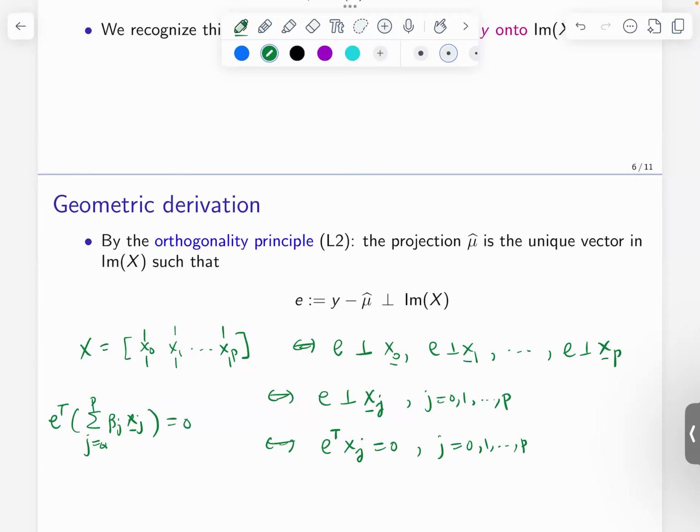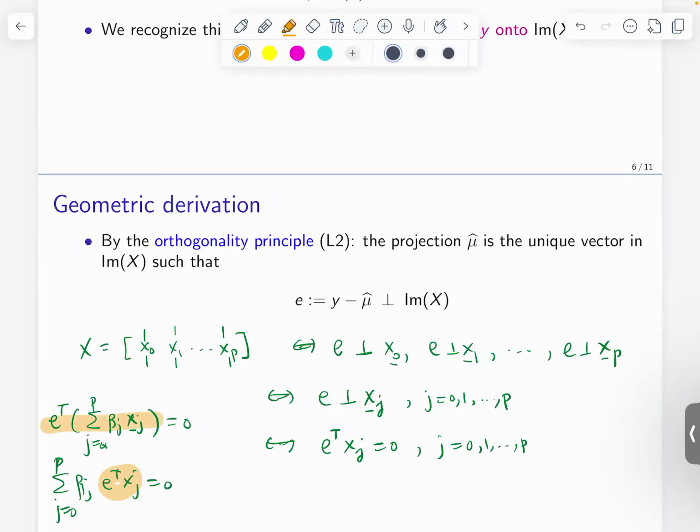If this holds for any beta, then E is orthogonal to the columns, and it's equivalent to just saying that. So as long as these are all 0, then this sum is going to be 0 and vice versa.